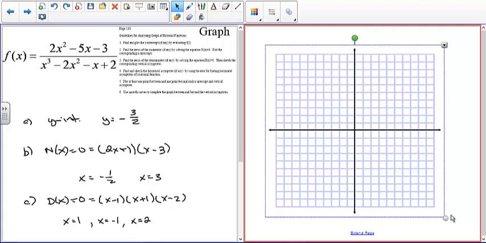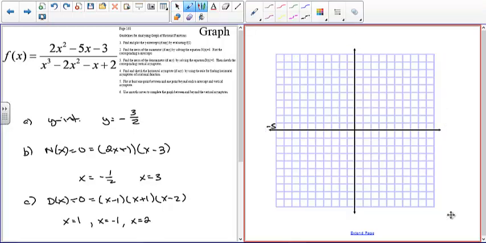And I think I'm going to use a different scale here just to give us a little more room. So we're going to use a little bit expanded scale. So instead of going from -10 to +10, we're going to go from -5 to +5.